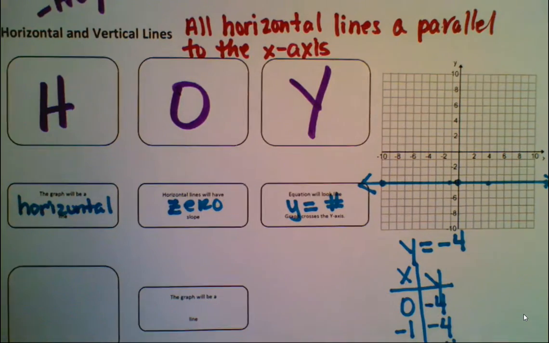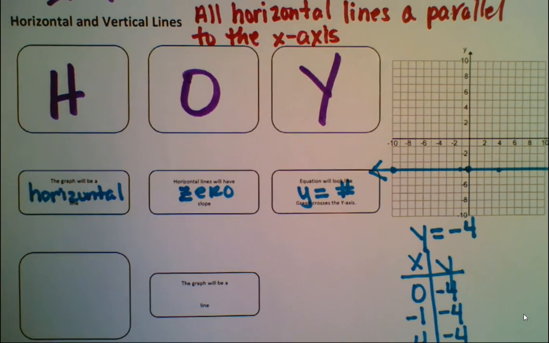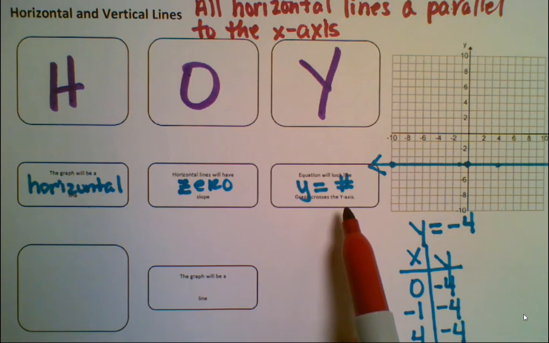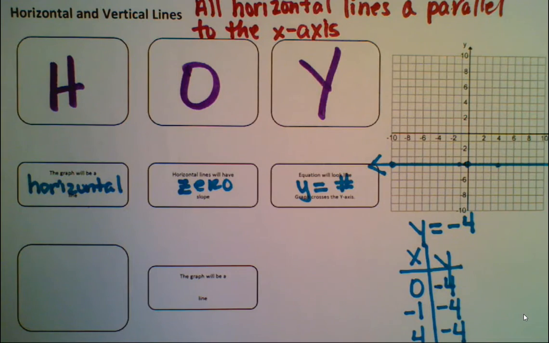So the acronym here again, horizontal lines, HOY: the graph will be horizontal, the slope is 0, and your equation will look like y is equal to some number.